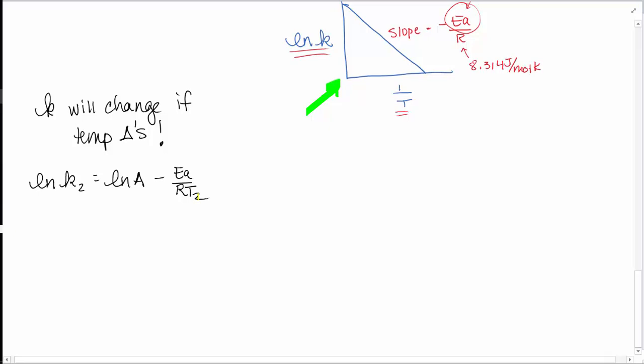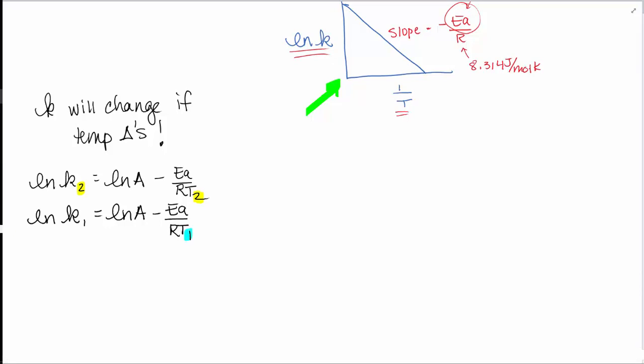If I know at one temperature, I will get K1. Oh, look, I made it a 2 because I'm already prepping us for what we're going to do to this. And if I was at a different temperature, I would have a different K. So we'll call this T1. So at temperature 1, I've got rate law constant 1. At temperature 2, I have rate law constant 2.